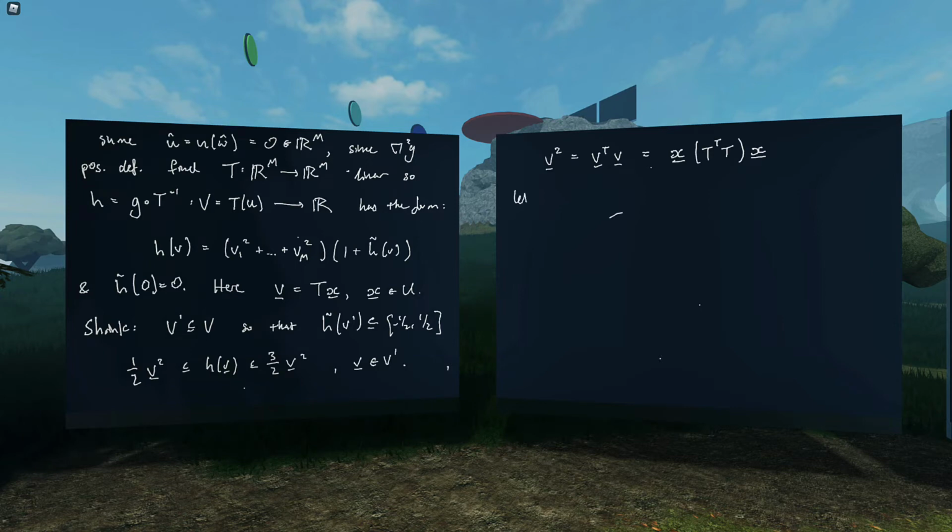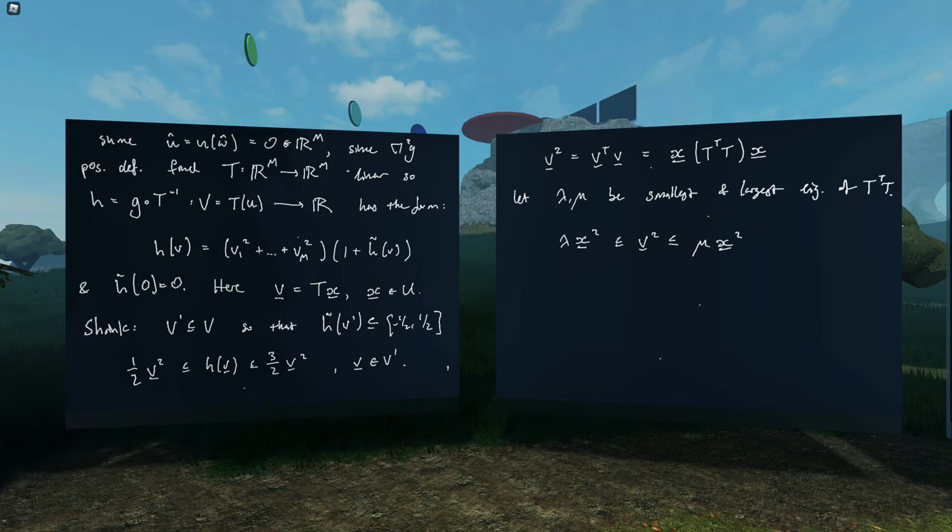And so let lambda and mu be the smallest and largest eigenvalues of t transpose t. And so that will tell us that lambda x squared is less than or equal to v squared less than or equal to mu x squared.